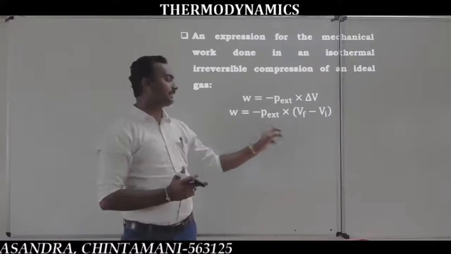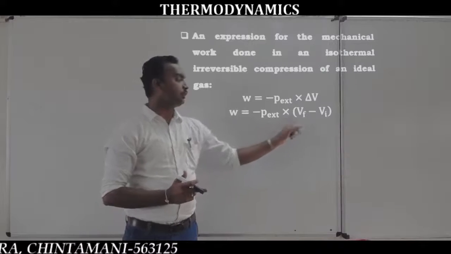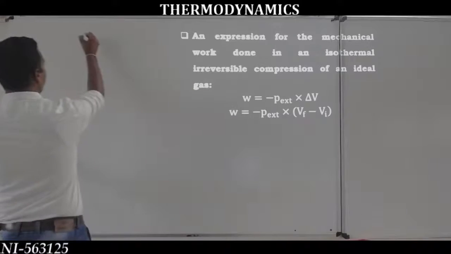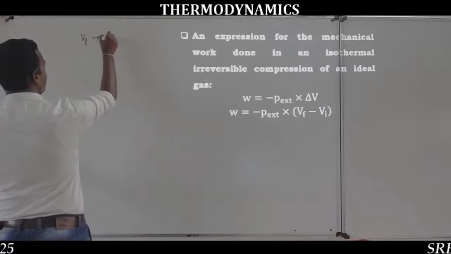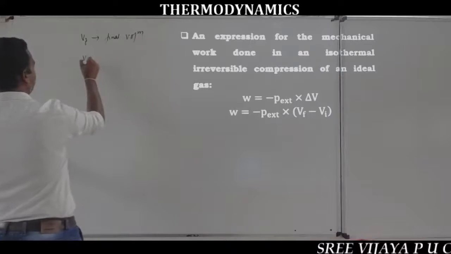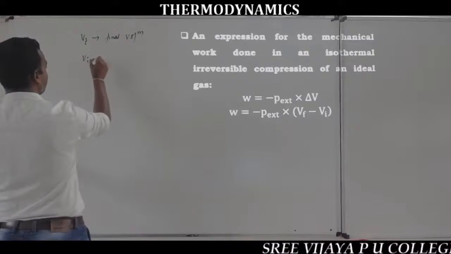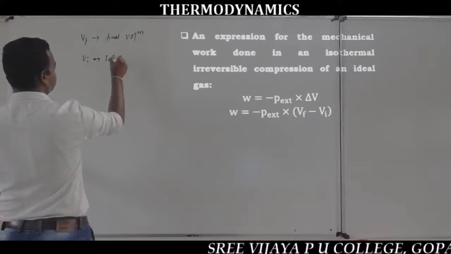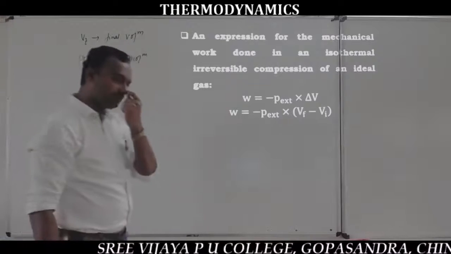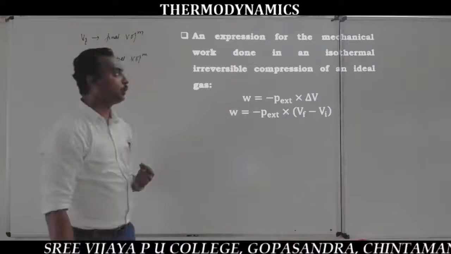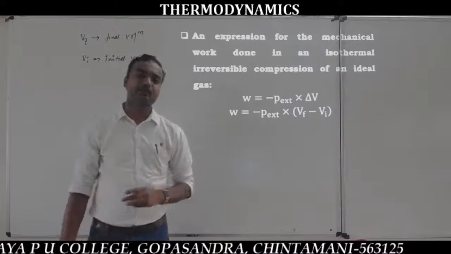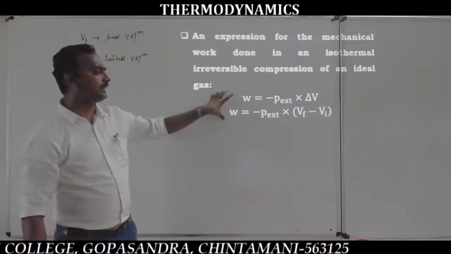W is equal to minus P external into delta V, which is final volume Vf minus initial volume Vi. This is a very, very important formula to calculate the mechanical work done in an isothermal irreversible compression of an ideal gas.